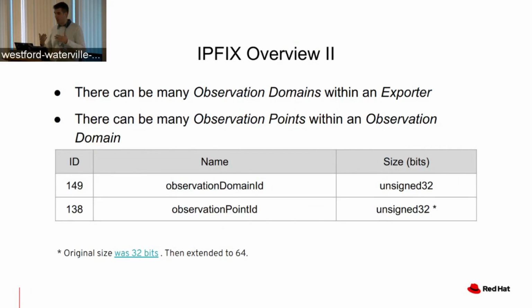So these two fields can be present in IPFIX traffic, and there are two IDs called observation domain ID and observation point ID, which are 32 bits long, and they are used to give some context on the traffic information.